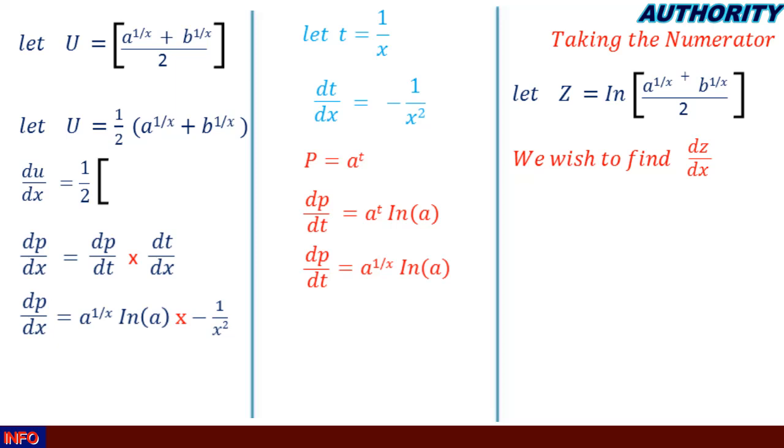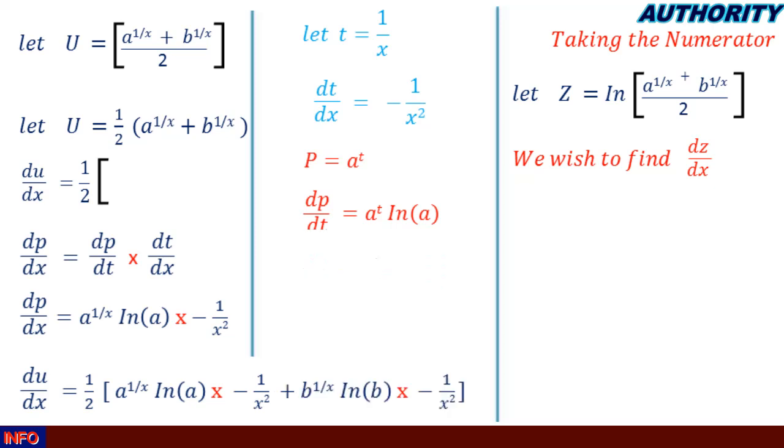So here we are looking for du/dx, which is going to give us 1 over 2 open bracket. When we differentiate a raised to the power of 1 over x, it gives us a raised to the power of 1 over x ln a multiplied by minus 1 over x squared, plus when we differentiate b raised to the power of 1 over x, it's going to give us the same kind of value as what we have here, but the difference is a and b.